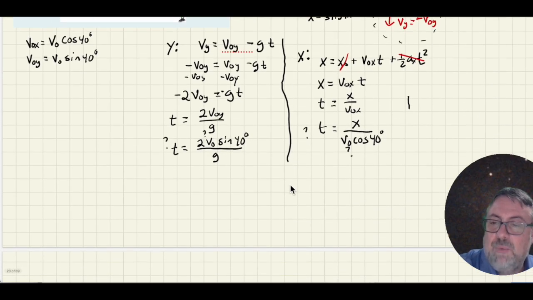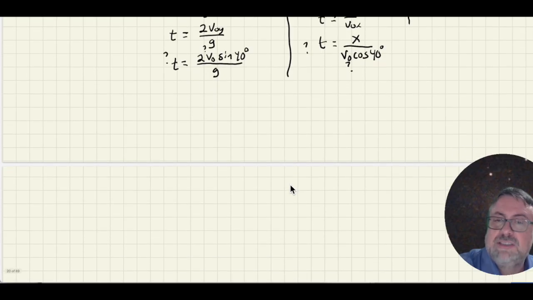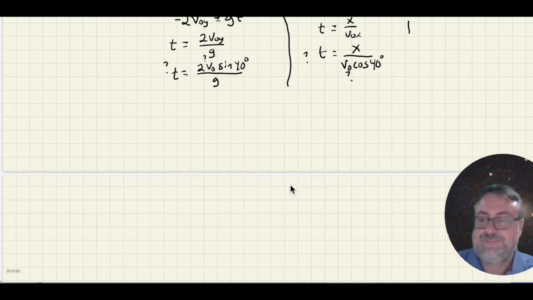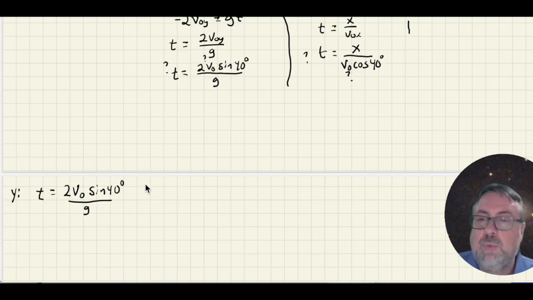And let's find out what this x value actually is. So again, I'm going to just recopy these equations. I know that from the y direction, I got that time was equal to 2 v naught sine 40 degrees divided by g, which is just 9.81.